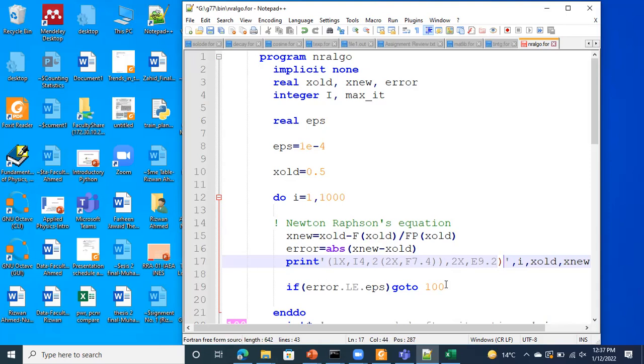So 2 real numbers with the F format and 1 real number, which is error, in the exponential notation.